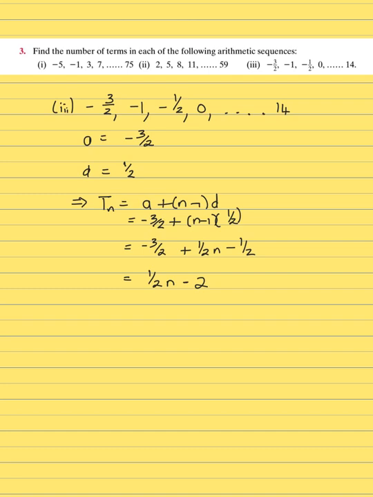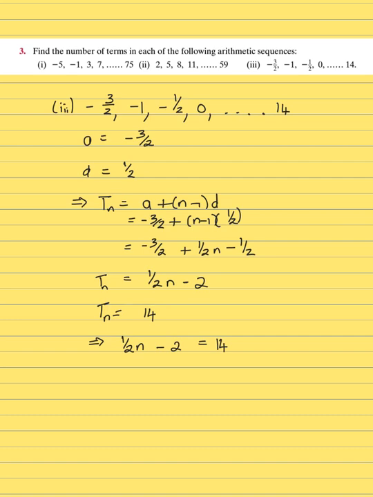We now have a formula for the general term, and we know that some term, which we can just call Tn again, is 14, because that's the term we're asked about. How many is it till we get to 14? Well, that means that a half n minus 2 is equal to 14.